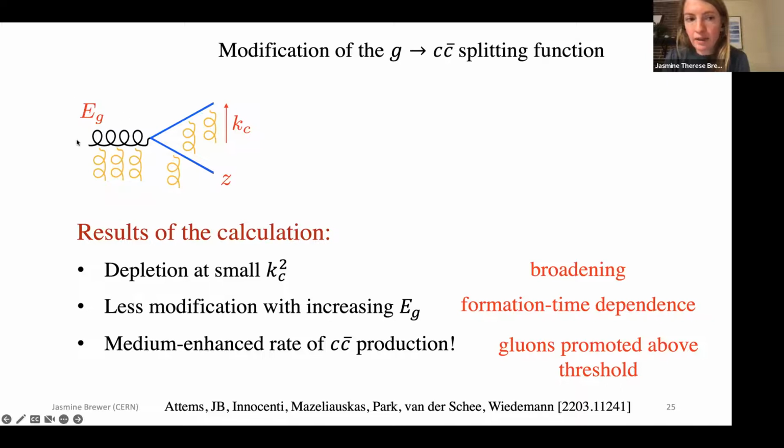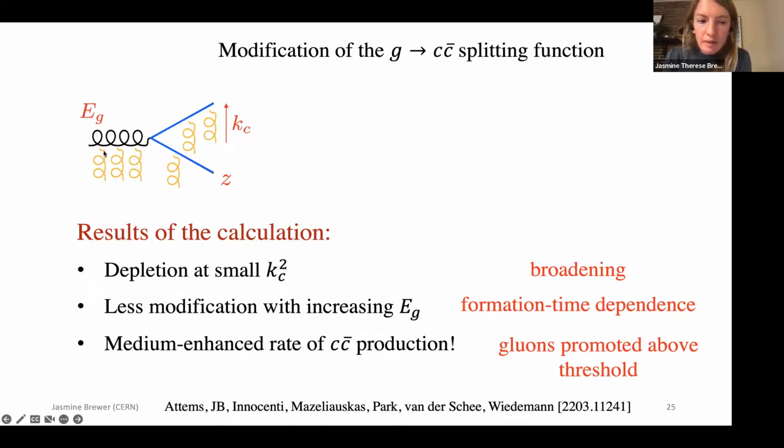And for reasons I'll discuss a little later, how these probabilities change also depends on the energy of the gluon, which I'll call E_g. I don't want to go into the details of how this is done, but I want to discuss the interesting features of this modification and how you might use this type of process to access these features in phenomenology.